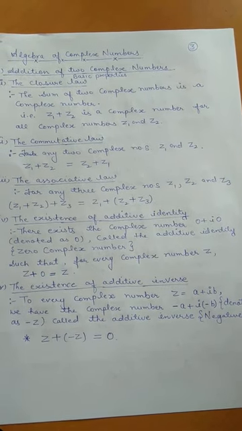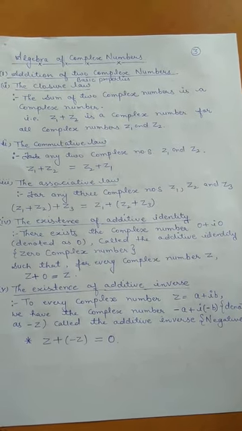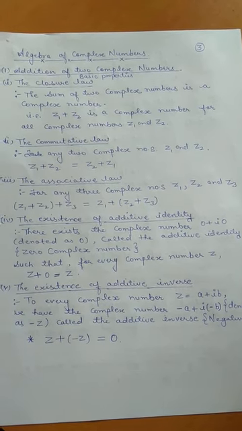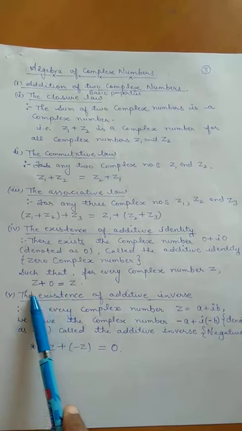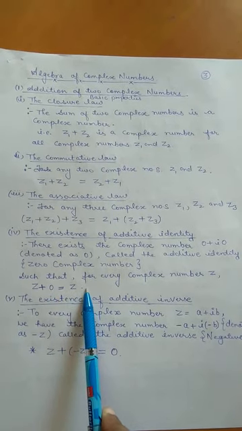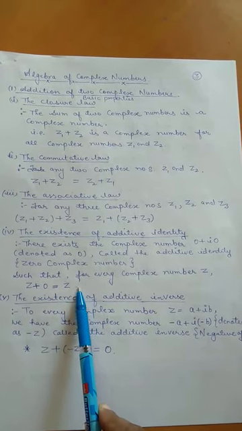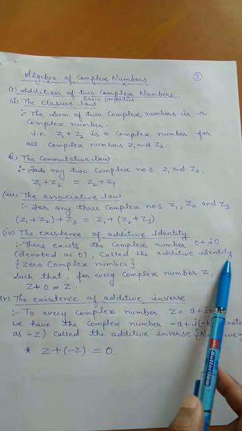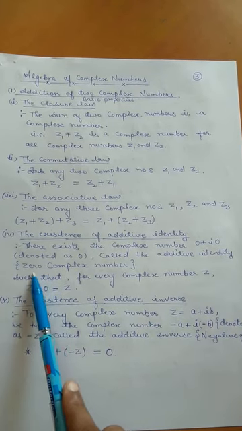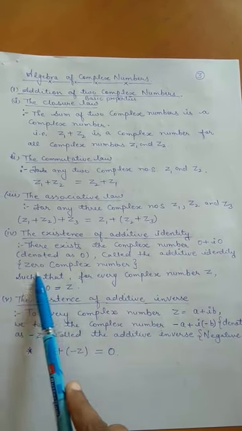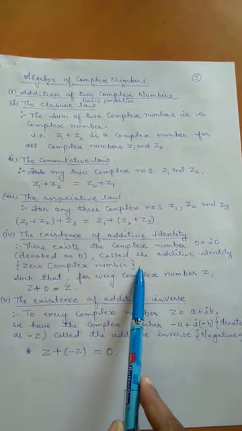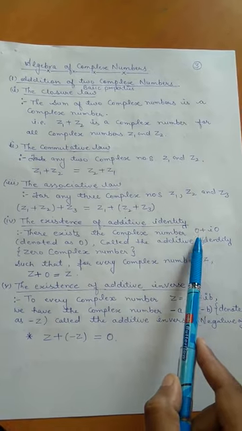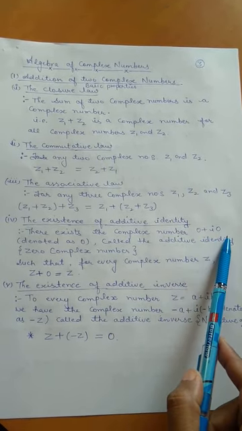What can be the additive identity, बच्चे? 0. Additive identity is always 0. So when I do z plus 0, it will be z. And in case of complex numbers, the additive identity is also called the zero complex number, and it is in the form of 0 plus iota 0.